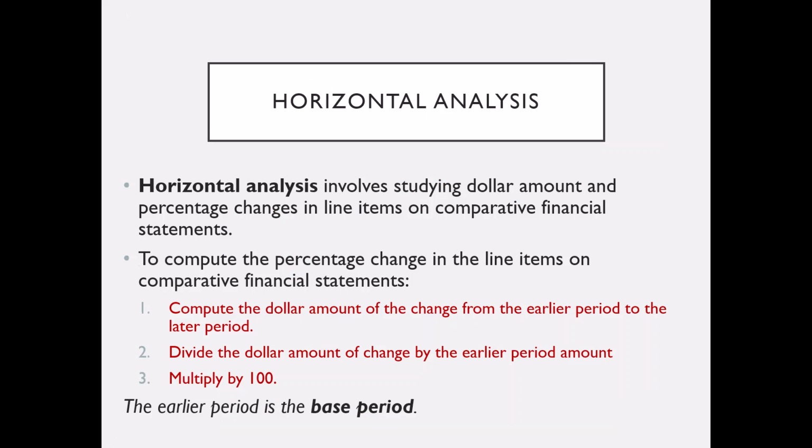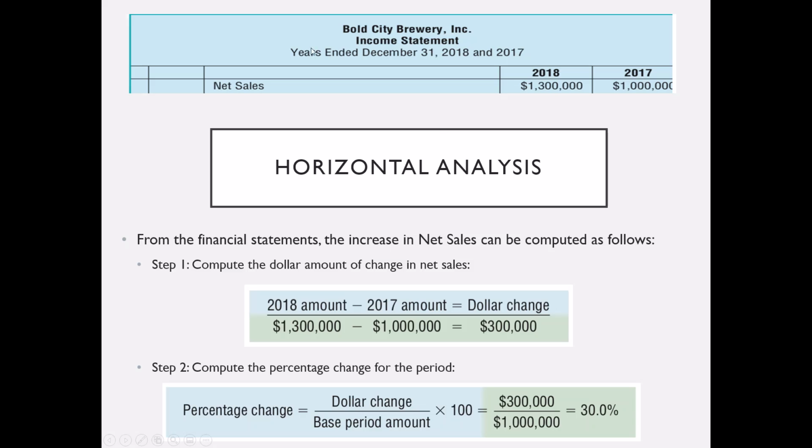All right, horizontal is a little bit different. If you remember back to the income statement, for 2017 it was 1 million for net sales. You'll just have to trust me unless you want to flip back through the slides. And the net sales in 2018 was 1.3. So you take the difference between the 2 years, which would be 300,000, right? That's the dollar change. You divide that by the base period, which would be the older year.